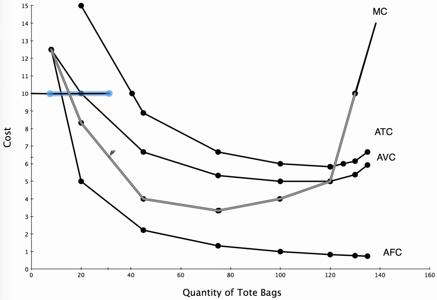The extra cost to sell that tote bag is about $6.50. So here we see the extra benefit, $10, is more than the extra cost of $6.50. And so because the extra benefit is more than the extra cost, we would want to keep doing that and sell more. And so we keep producing more.